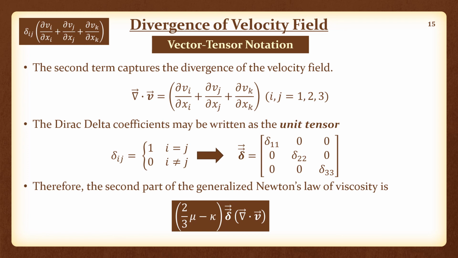So the term with the Kronecker delta at the top left can be represented as a unit tensor, and then that multiplies del dot V, which is a scalar quantity, the divergence of the vector field, and then you have the second constant, which is B, which is 2/3 mu minus kappa.